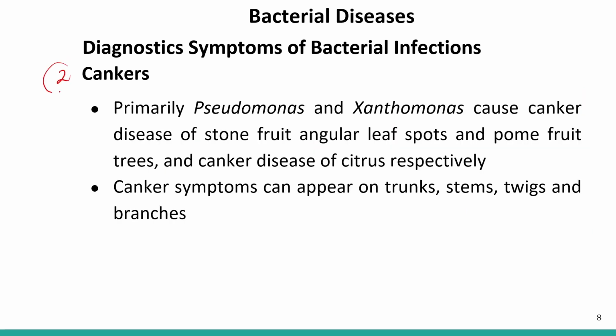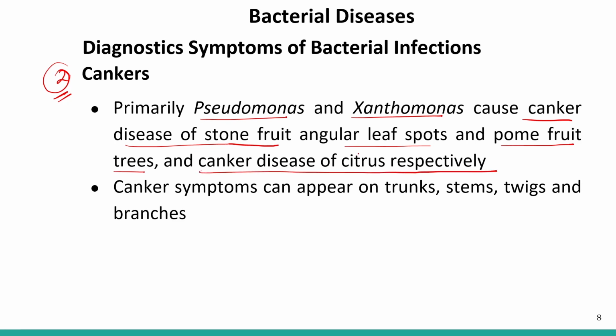Next is the canker, very important. Primarily, Pseudomonas and Xanthomonas cause the canker disease of stone fruit, angular leaf spots on palm fruit trees, and the canker disease of citrus, respectively. This is one of the very important diseases, the canker disease of citrus fruit.